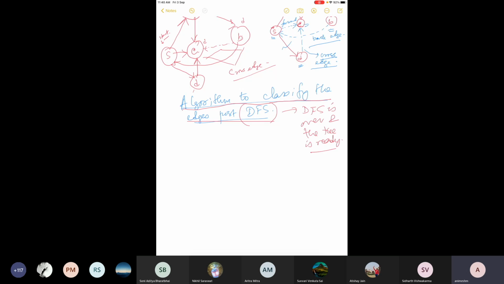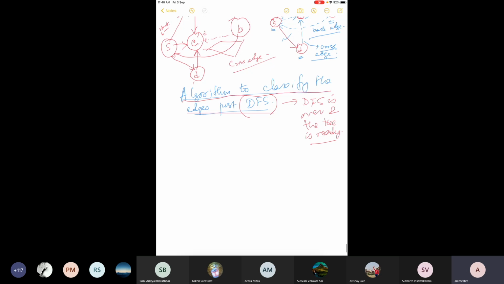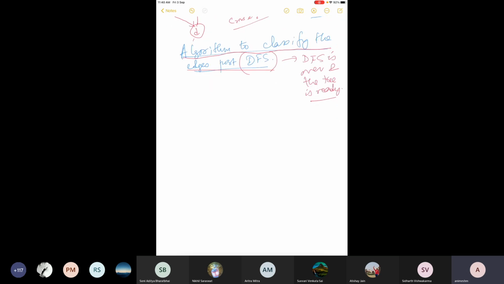So this is an algorithm for detecting the presence of a cycle in a graph. We'll come to that in a moment. But before that, what is the prescription to classify the edges?